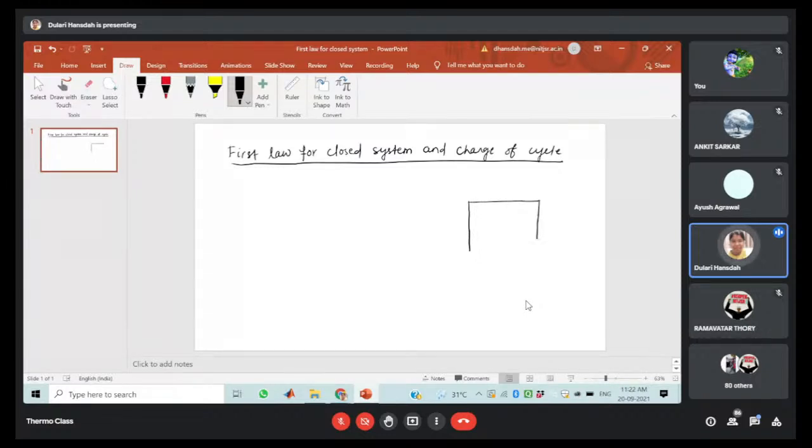To discuss this one, we have to draw the closed system. Here I have taken the energy transferring in one form, that is paddle wheel work, that we have already discussed. There we are having the work transfer. That one only I'm going to draw here.